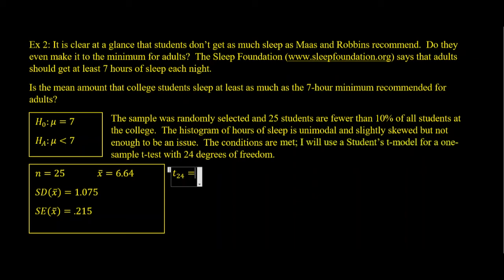So we're going to have x bar 6.64 minus the population mean, which was 7, over our standard error, 0.215. And this equals negative 1.67.